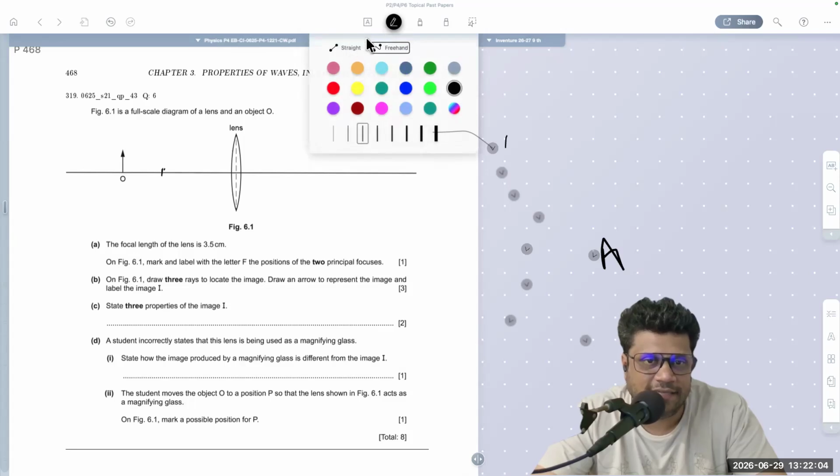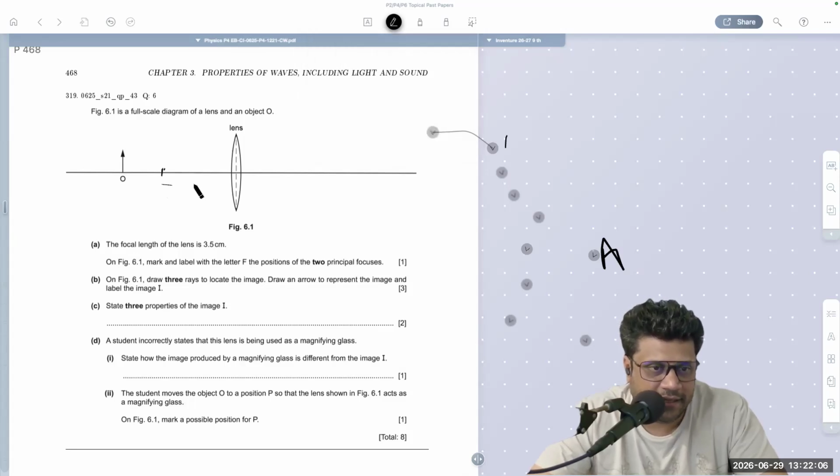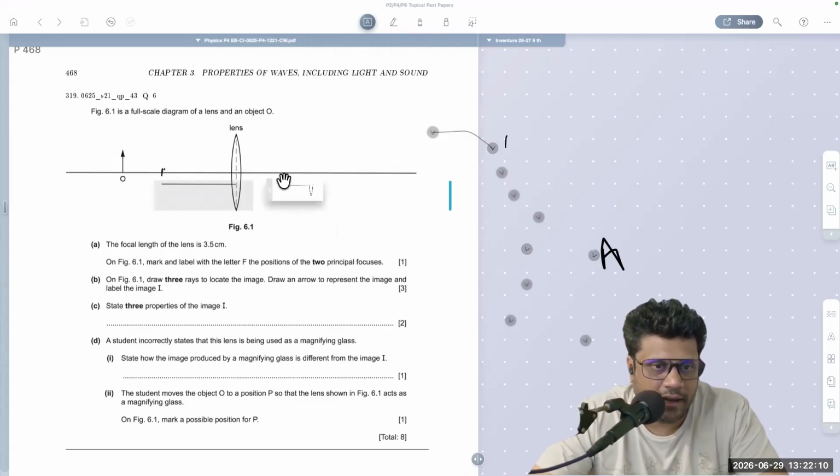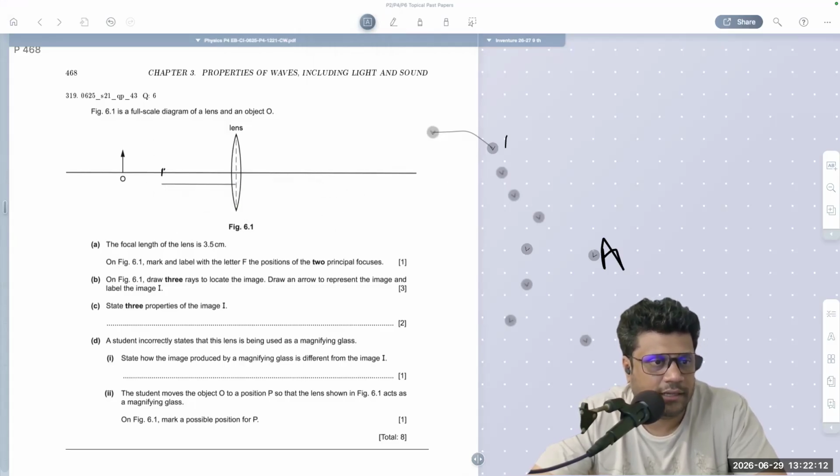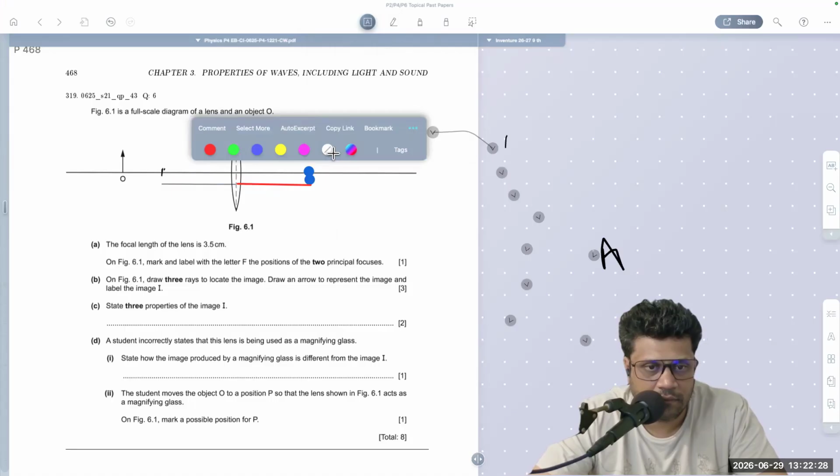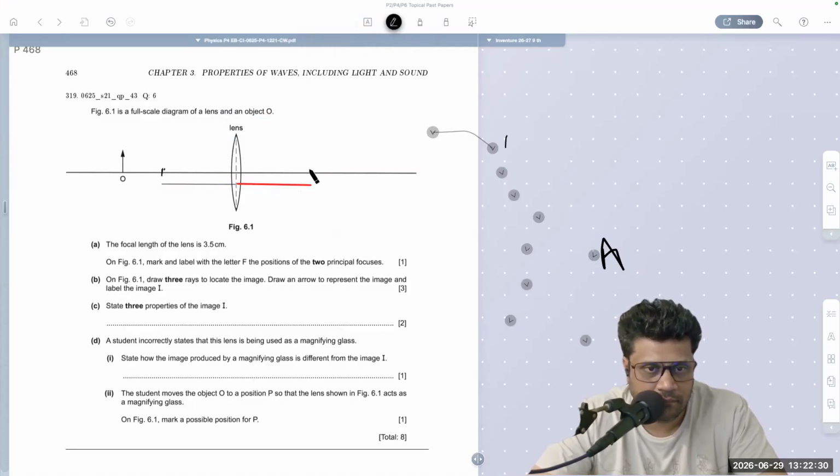Let's take the same length, same length, there. That's where I'm going to place the other focus.